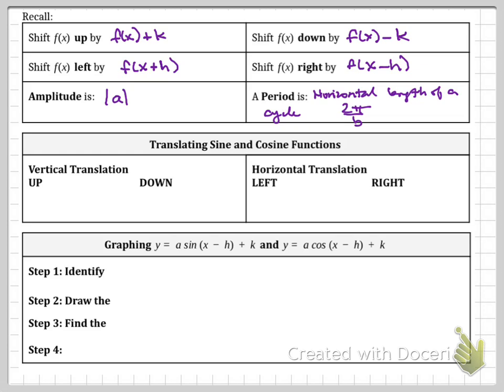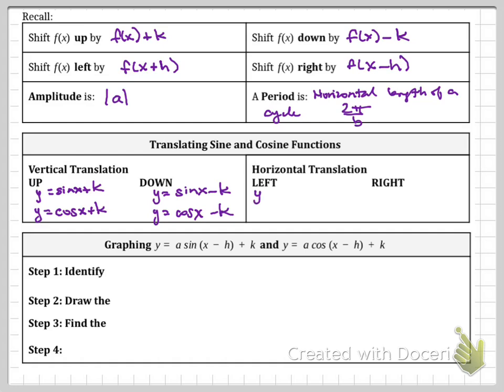So when we translate sine and cosine functions, to translate up, we have y equals sine of x plus k, or y equals cosine of x plus k. To shift down, we just subtract on the outside, minus k.